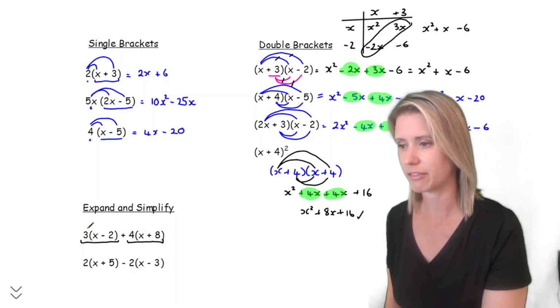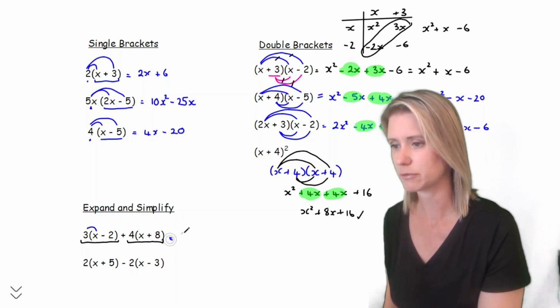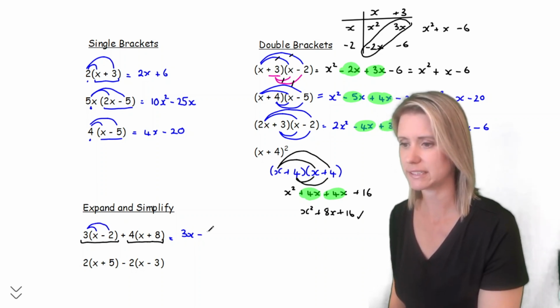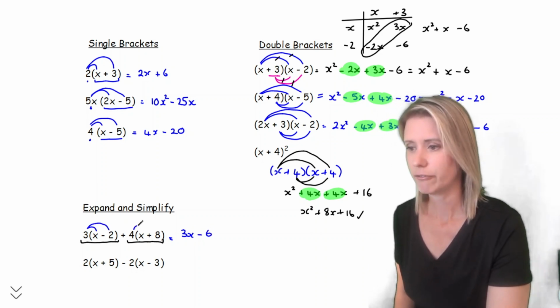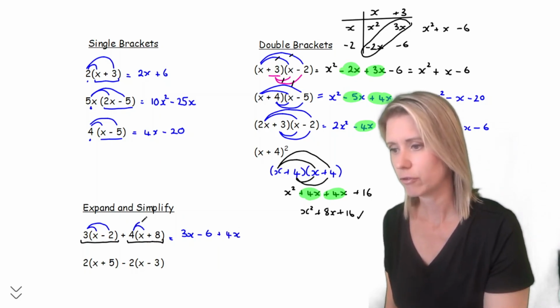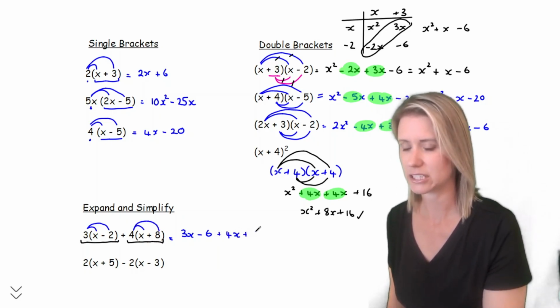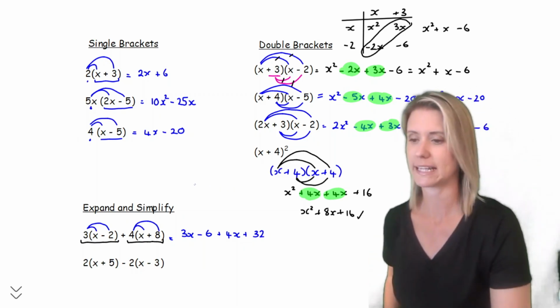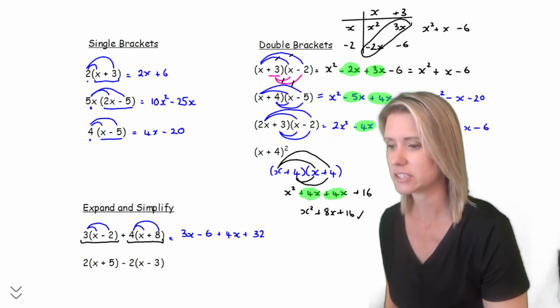So let's start there. 3 multiplied by x is 3x. 3 multiplied by negative 2 is negative 6. 4 multiplied by x is plus 4x. And 4 multiplied by 8 is 32. So you can see these are like those 2 single brackets been joined together. Okay, let's collect those terms together that are the same.